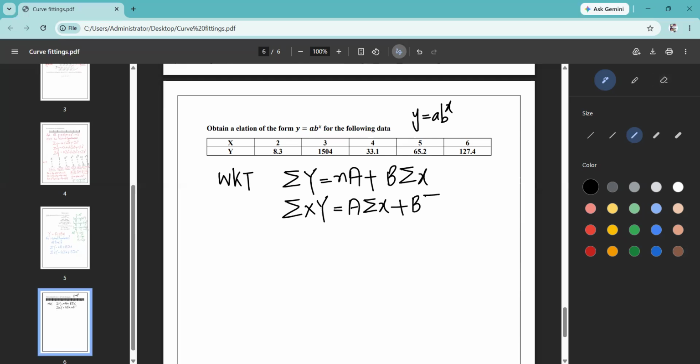We have taken this one from the first page, slide number 1.